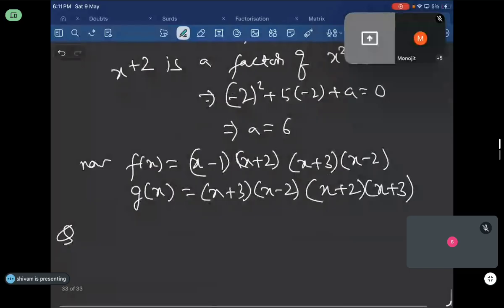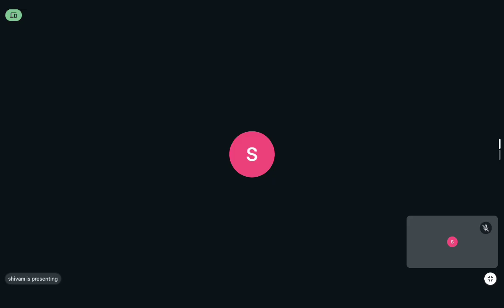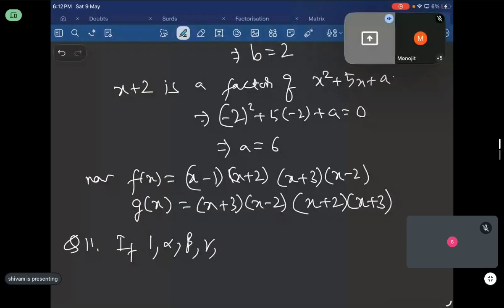If 1, alpha, beta, gamma, dot dot are the zeros of x power 48 minus 1, then find the value of part 1. Part 2 I will do it in the next class, okay? Find the value of 1 minus alpha into 1 minus beta into 1 minus gamma dot dot. Solve.